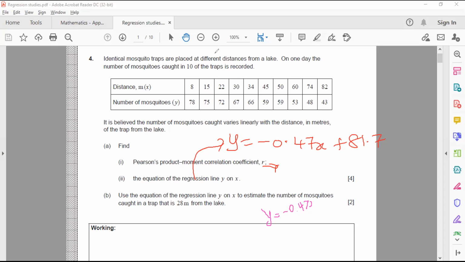So distance is 28 into minus 0.47 plus 81.8. Is it 61.08?